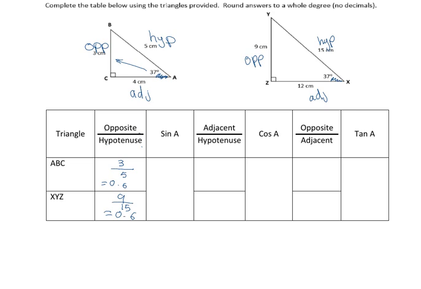What do you get when you do that? 0.60, so we're going to write it as 0.6. So on the calculator, if I do sine 37, I'm going to get 0.6. For your phone, you're going to have to do 37, then hit sine.